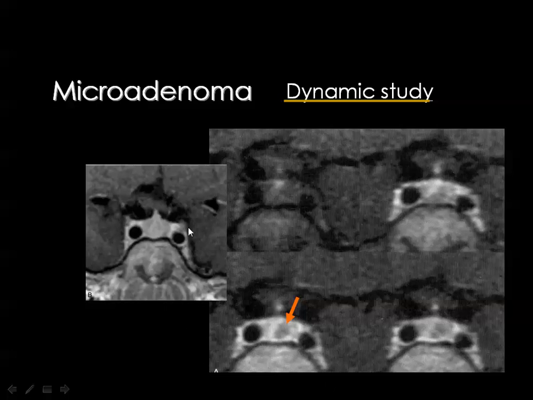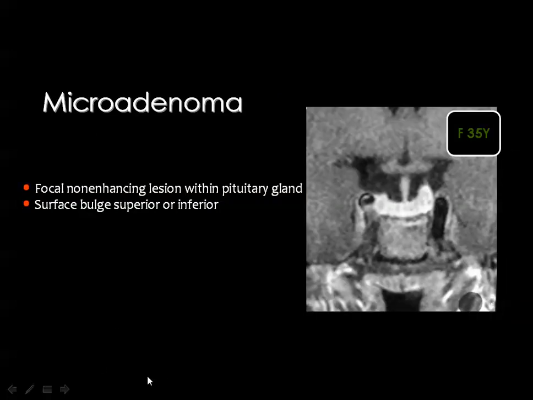While if you wait for some time, you get homogeneous enhancement of the pituitary gland and you are not able to discriminate any focal lesion inside. Then the dynamic contrast enhanced MRI is one of the tools for better detection of pituitary microadenoma.